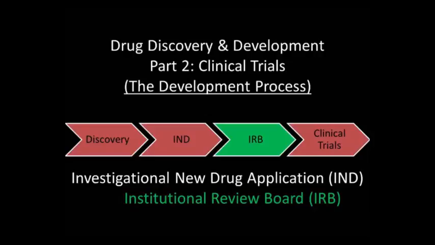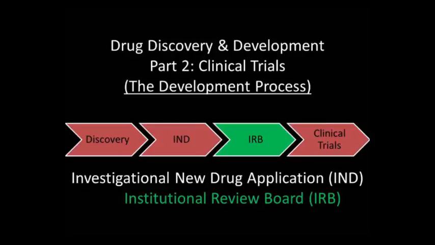This slide reiterates the overall process that we're going to be talking about. We talked about in part 1 that we have drug discovery in that first arrow, and if that compound continues to show promise in its preclinical testing, and we can optimize this molecule and develop it in a way that seems to have promise for clinical use, that company or institution would apply for what's called an investigational new drug application, IND, with the FDA.